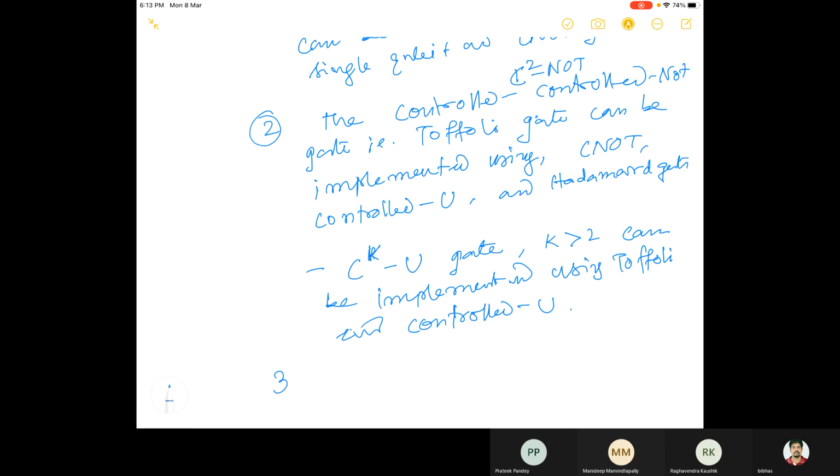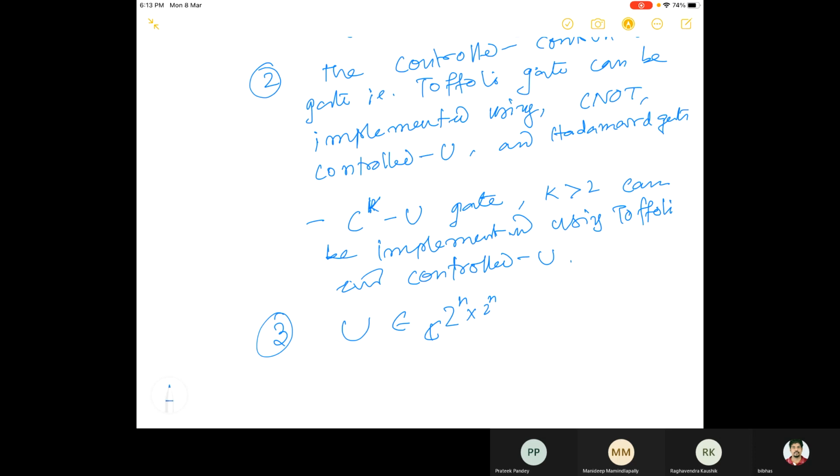And finally, I'll say any unitary operation, if it is 2 to the power n by 2 to the power n, can be implemented using k control U gates.